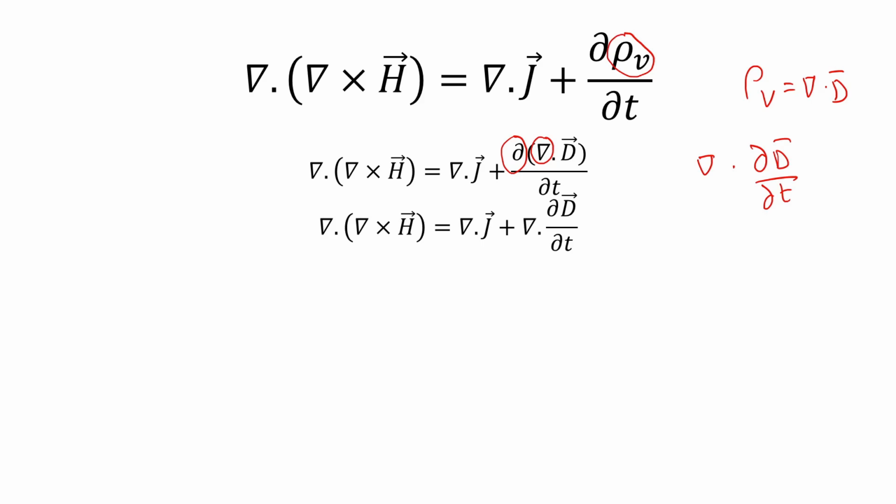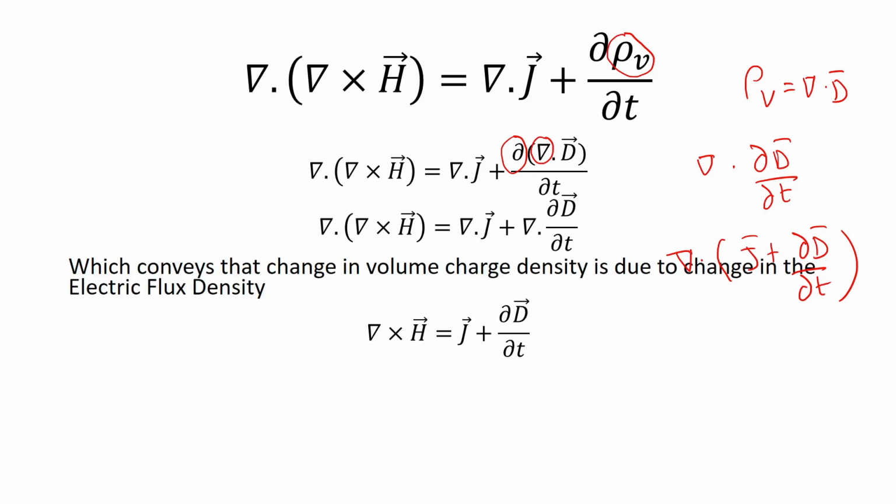If I combine these two, I can rewrite them as the divergence of J bar plus dou D bar by dou t. The divergence of curl of H bar is equal to the divergence of J bar plus dou D bar by dou t, which implies that the curl of magnetic field intensity is equal to J bar plus dou D bar by dou t.